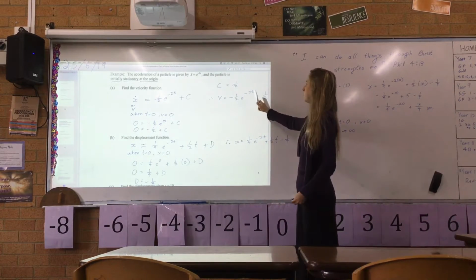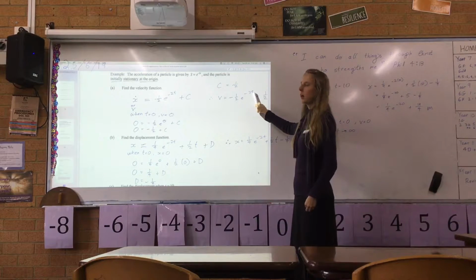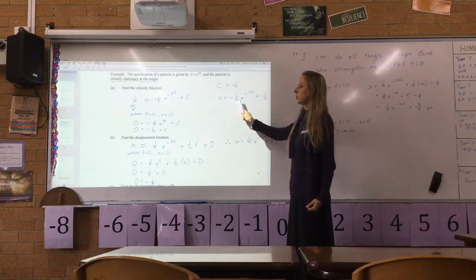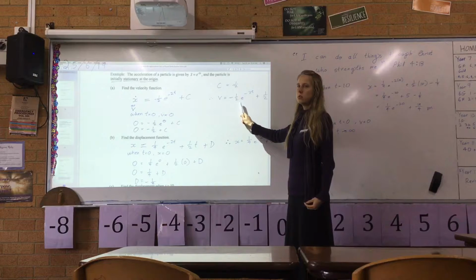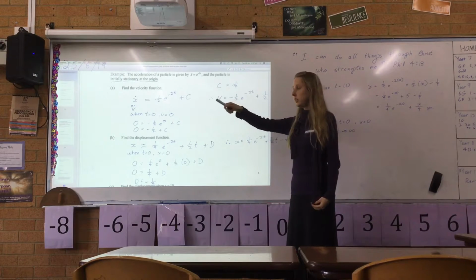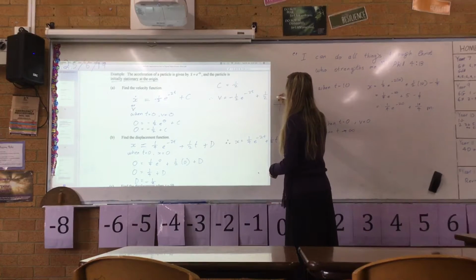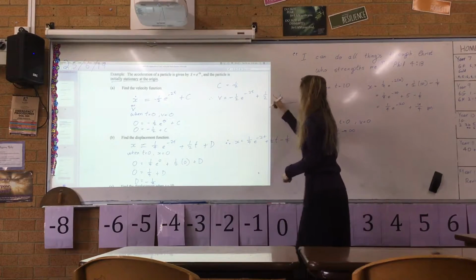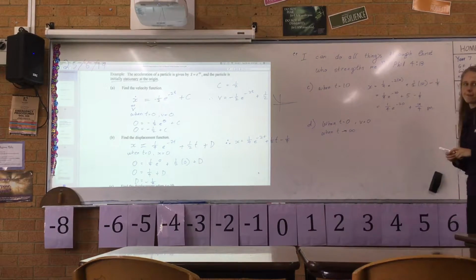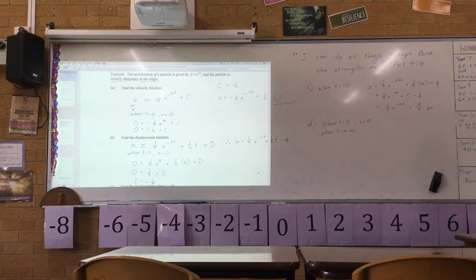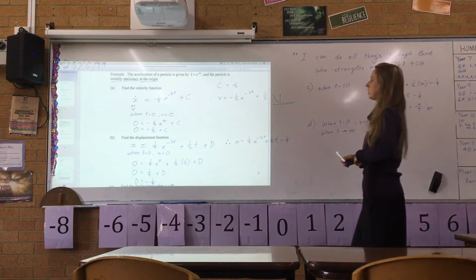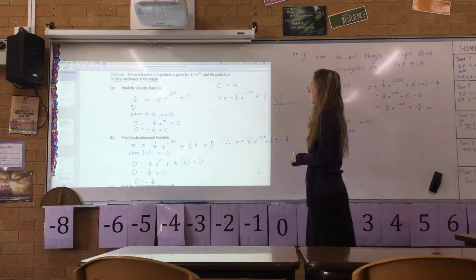As t gets bigger and bigger and bigger here, what does this part get closer to? 0, you're absolutely right. A negative exponential is going to be like that, so it's going to get closer to 0.